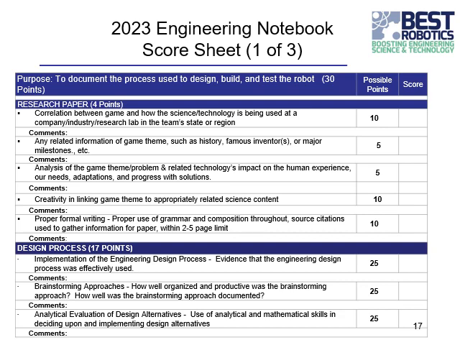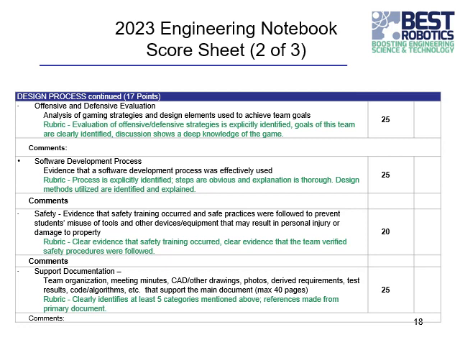Design process then goes through 17, and it continues on the next page. So design process is continuing, and we talked about the sections on offensive and defensive, software development, safety, and support documentation, which are under this one also.